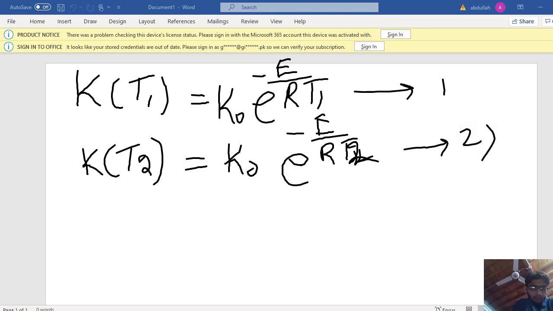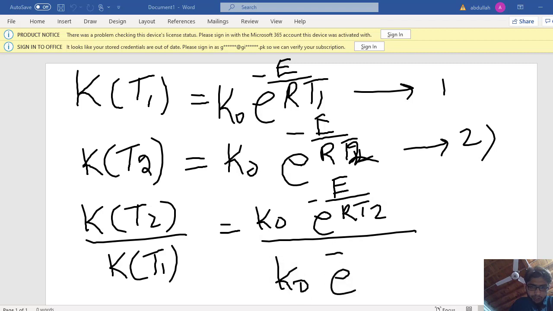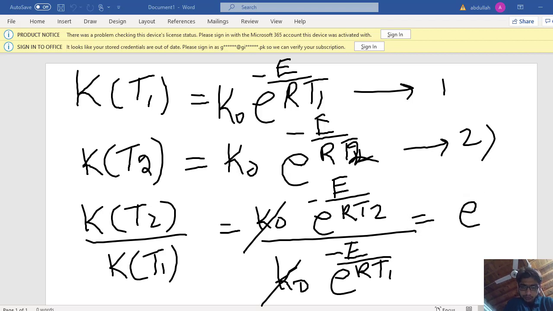Now divide equation 2 by equation 1. k at T2 divided by k at T1 is equal to k naught e to the power minus E by R T2 divided by k naught e to the power minus E by R T1. Now k naught cancels, and we get minus E by R times 1 over T1 minus 1 over T2.